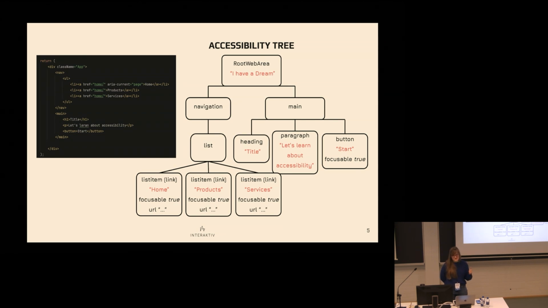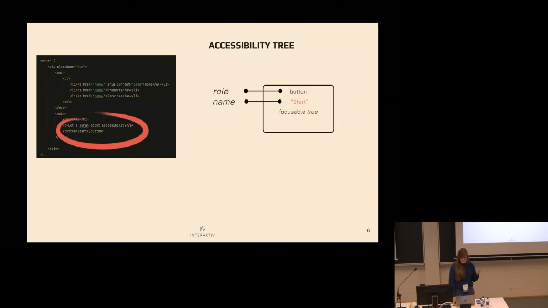For example, in the accessibility tree, you will not find some div elements because they have no reason to be presented there. And let's have a look at just one HTML element, for example, a button. You can see that it has a role and it has a name, and it might also have very different other characteristics, for example, focusable, expandable, etc.